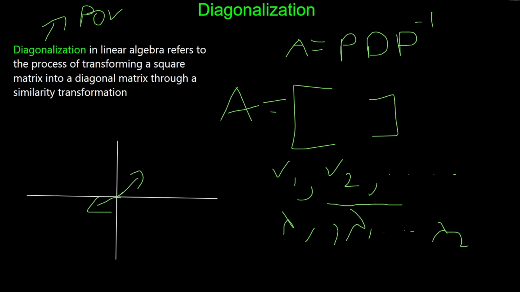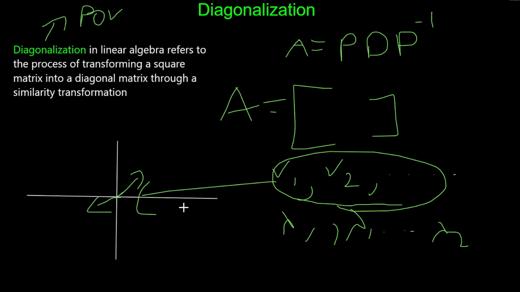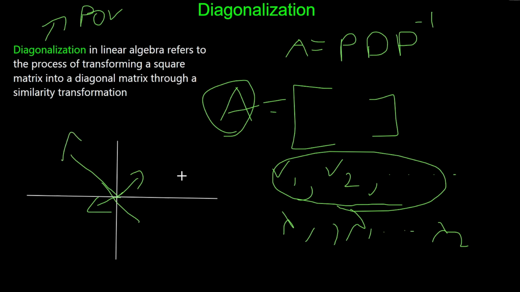These eigenvectors form a new coordinate system which is called the new basis. In that system, A behaves simply. What do we mean by that? Instead of rotating or skewing, such complex transformations, it just stretches or compresses along each eigenvector. So that's what a diagonal matrix does.